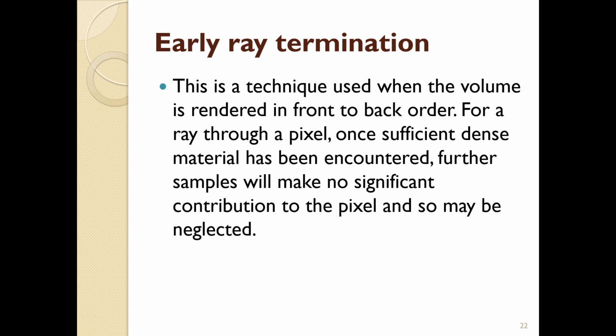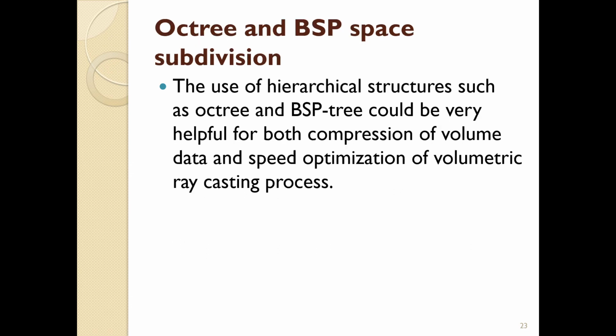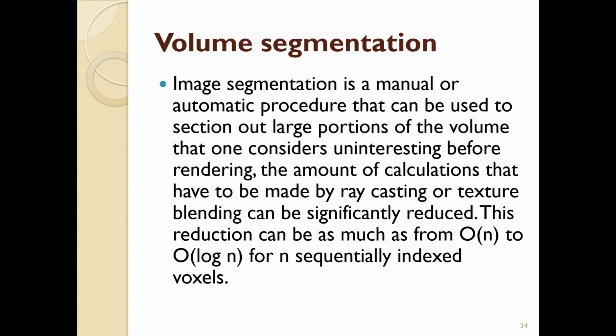This is a technique used when the volume is rendered in front to back order. Octree and BSP space subdivision. The use of hierarchical structures such as octree and BSP tree could be very helpful for both compression of volume data and speed optimization of the volumetric ray casting process.